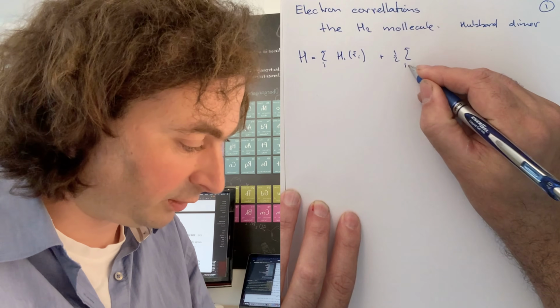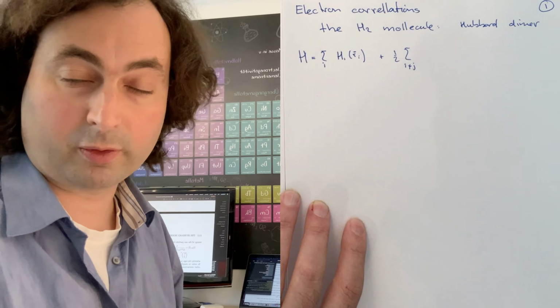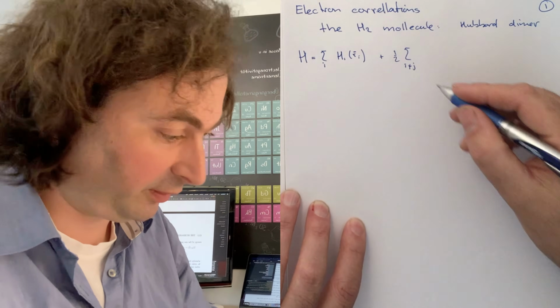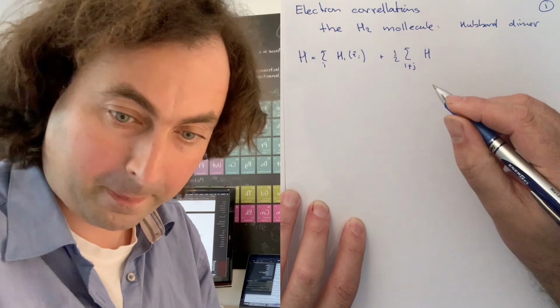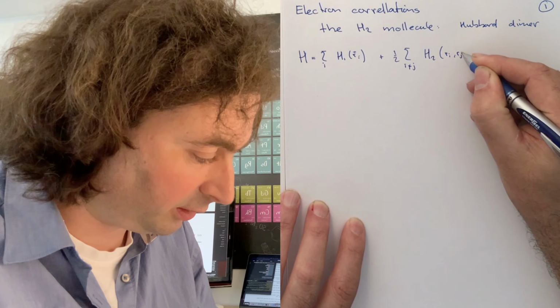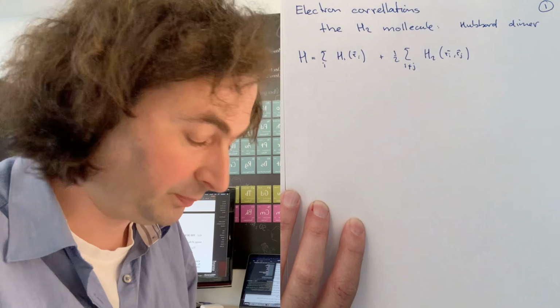And for the 2-particle Hamiltonian we will sum over all pairs, or we sum over i not equal to j with a prefactor of 1/2. And then we have the 2-particle Hamiltonian, Ri, Rj, depending on 2 coordinates.